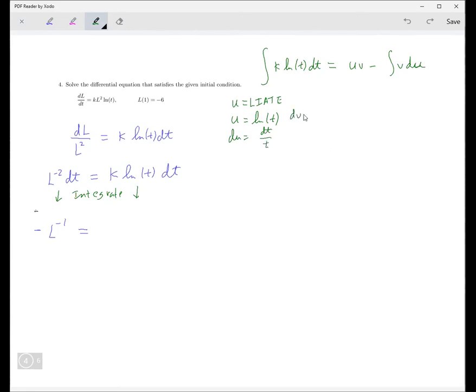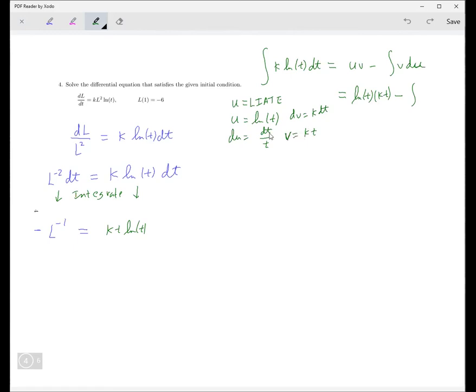Okay, and then dv we'll let that be k dt, so that v is kt. Great. So now we plug everything in. u times v, that's log t times kt. So I'm going to go ahead and put that over here: kt log t minus the integral of v du.